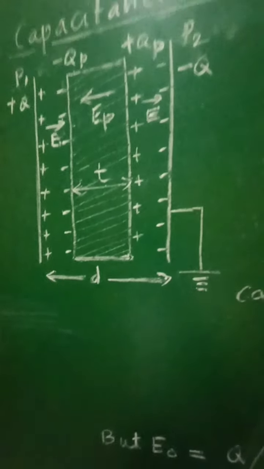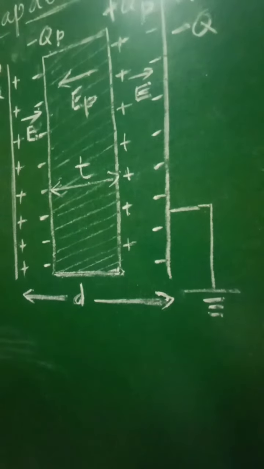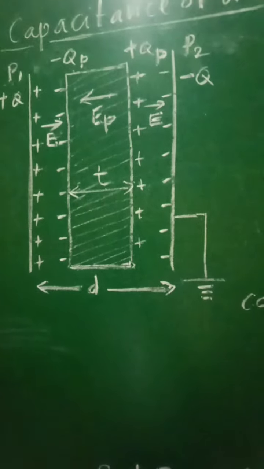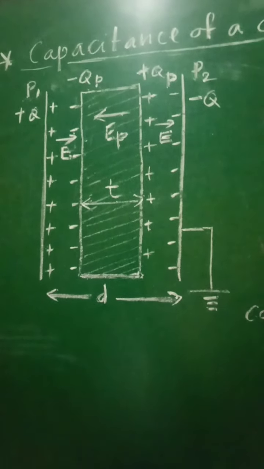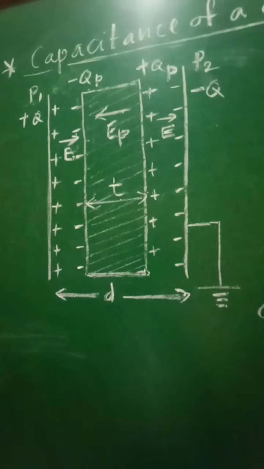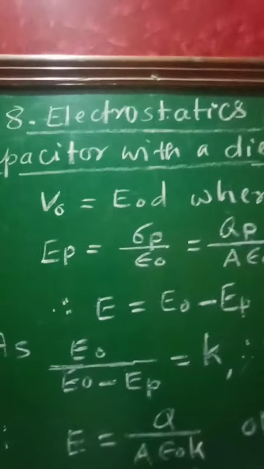Now at that time, the potential difference between the plates is given as, so when no dielectric is introduced, the potential difference between the two plates V0 equals E0d.